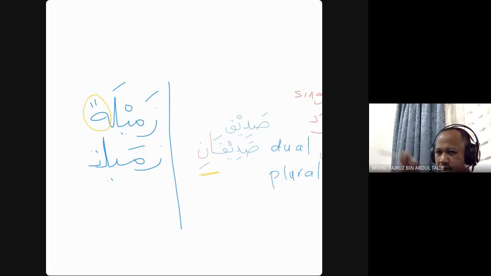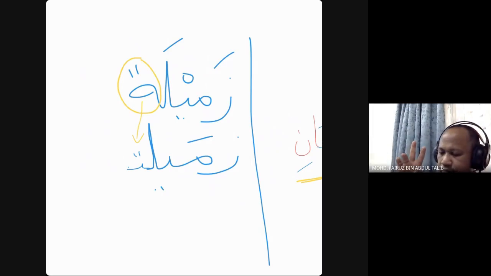Again, the round ta will change to a flat ta, a normal ta. So let me write this properly. Now it becomes Zamila, then you change the ta to this ta. That is the first thing. And number two, what do you add to the word if you want to say two? Just like the word sadiqan just now.